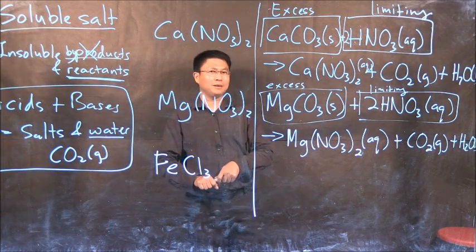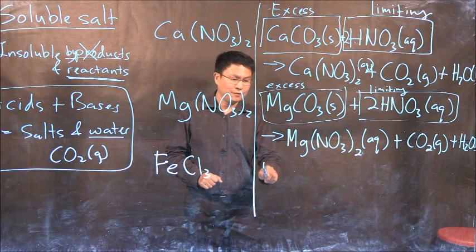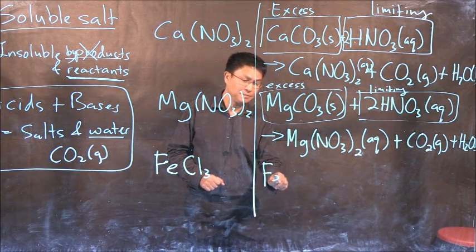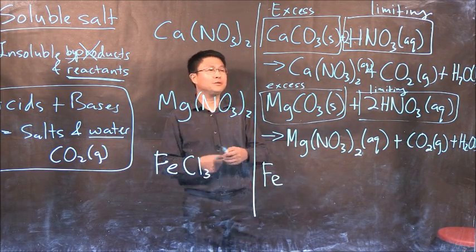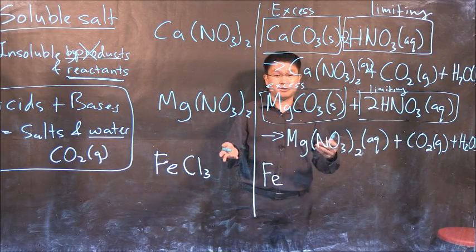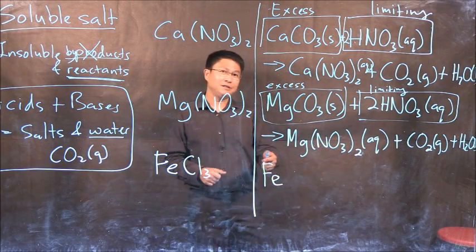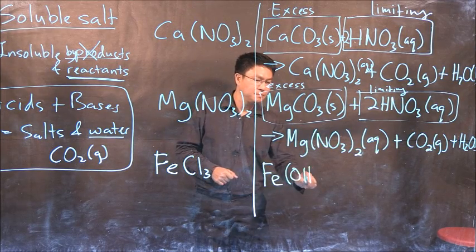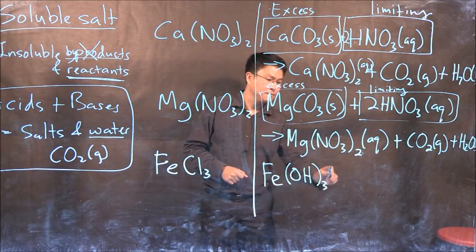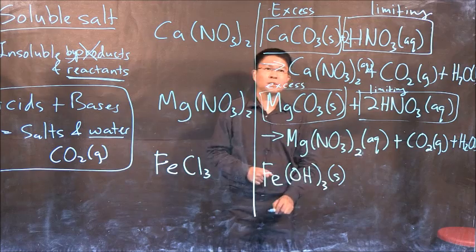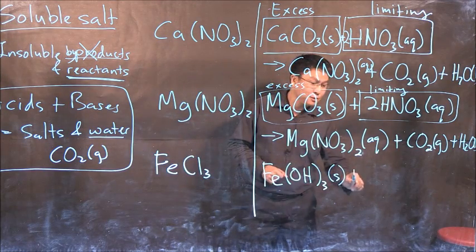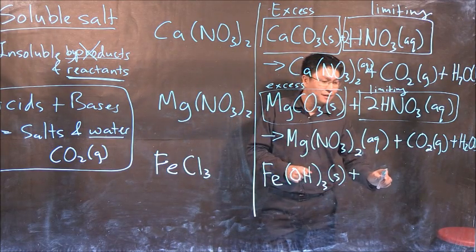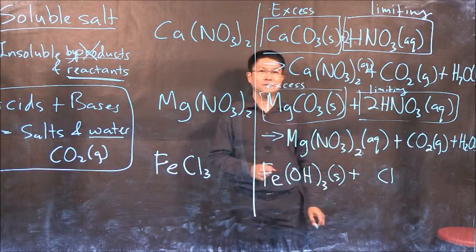For iron 3 chloride, we first need iron 3. In this case, let us use another type of base, the hydroxide base, since iron 3 hydroxide is also insoluble. We add this to an acid which will give us the chloride anion.